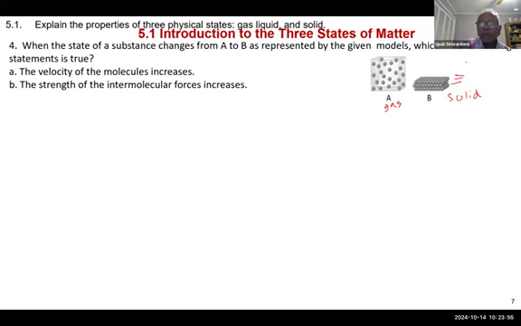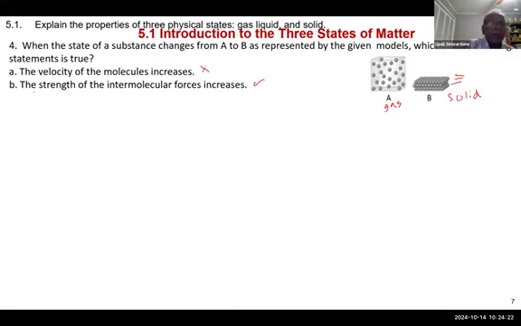When velocity of the molecule increases, that's not true. When gas goes to a solid, velocity decreases, they are held in fixed places. Strength of the intermolecular forces increases.